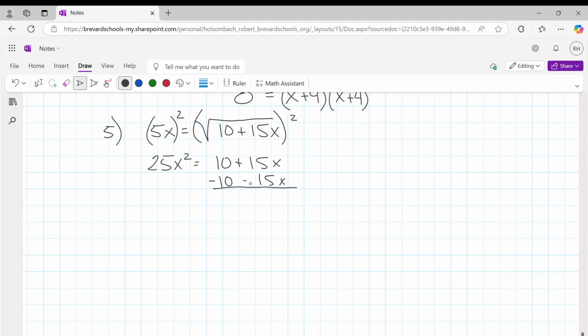This is a little sloppy over here, but minus 10 and minus 15x. So on the left-hand side, we get 25x squared minus 15x minus 10 is equal to 0.